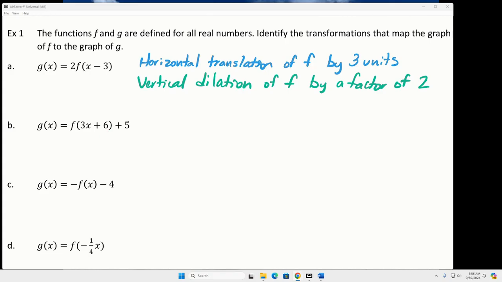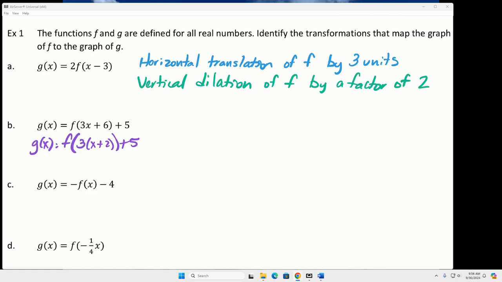What you need to do when that happens, and it doesn't happen that often, is factor out whatever the dilation is, because that horizontal translation is also being dilated. So it's not actually 6 units, it's actually 2, or negative 2, I should say.